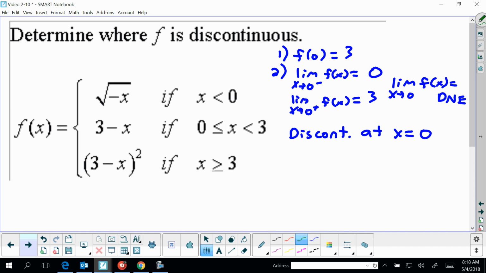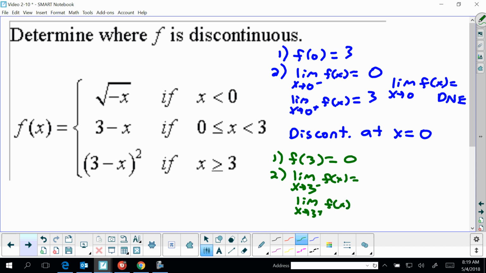So now we've got to check for 3. So we'll do step 1, we'll do f of 3. We are equal to 3 in the bottom one, so when we sub in, 3 minus 3 is 0, 0 squared is 0. Step 2, now we've got to do our limits. We'll do the limit as x approaches 3 from the left of f of x, and the limit as x approaches 3 from the right of f of x. Left of 3 would be the middle interval. When we sub in 3, we get back 0.